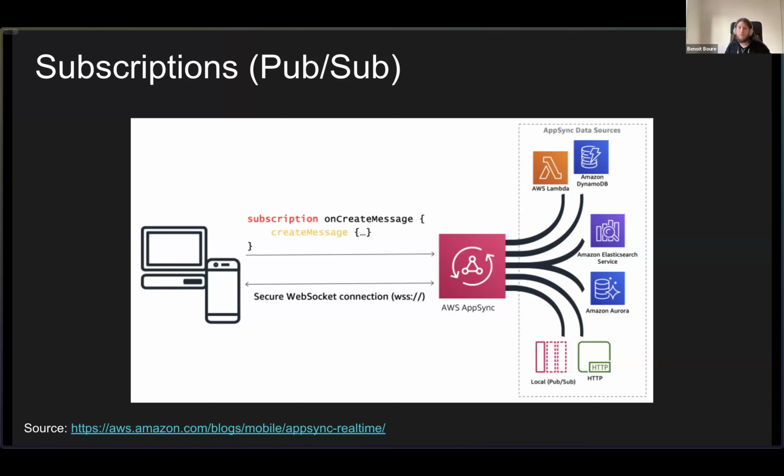So in the case of sending a message in a chat application, that payload might be the message itself and its ID and who sent it, whatever. So everyone that is subscribed to that mutation will receive that in real time. And this is fully managed by AWS. You don't have to worry about anything. You don't have to build anything.